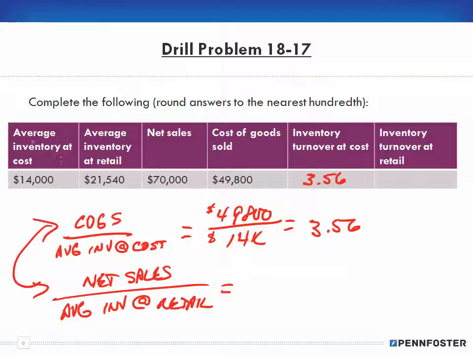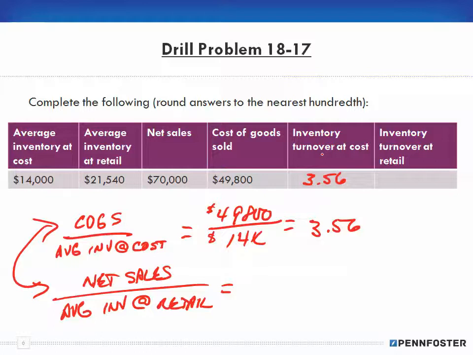I have an average inventory at cost, and then when I saw average inventory at retail, I started thinking, where did I see that before? I'm talking about inventory, it's an average, and it has to do with cost and retail, and all of a sudden I started thinking about inventory turnover. And sure enough, now I'm looking at sales and cost of goods sold. So yes, I am looking at inventory turnover.